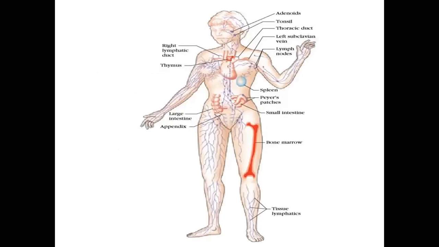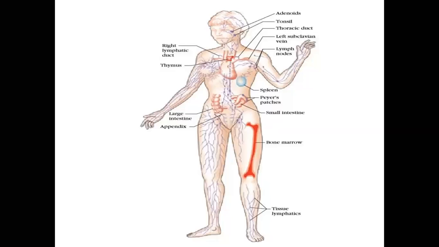You see, this is a human figure, and throughout the whole body, in every part, there is a lymphoid organ. Starting from here, the adenoids, the tonsils. We never knew that tonsils are also lymphoid organs that help in immunity.